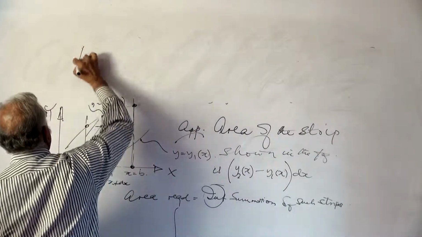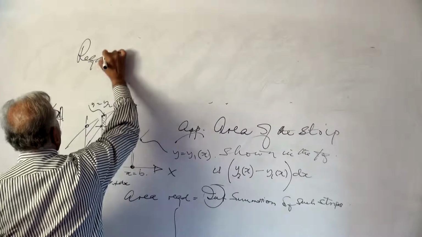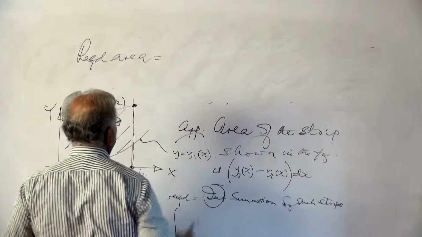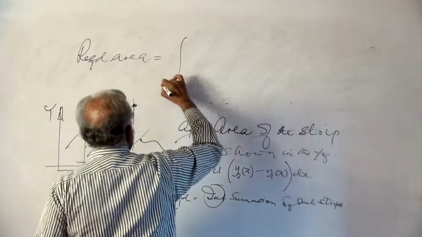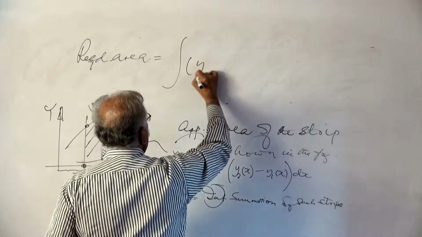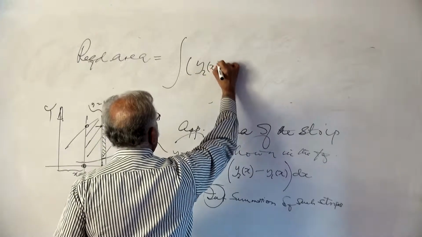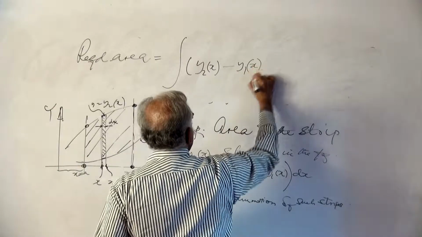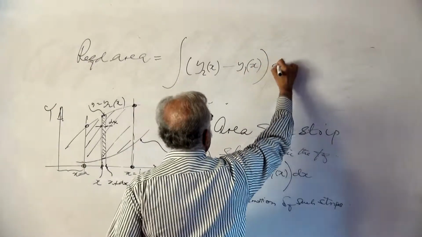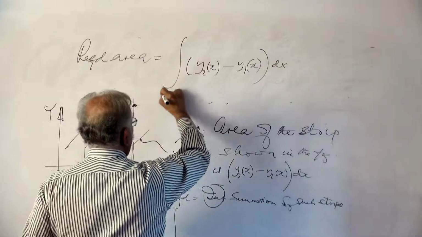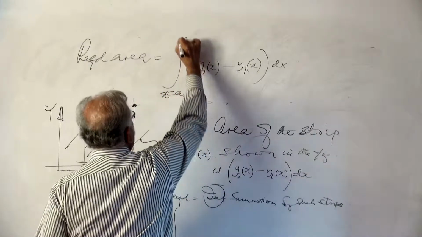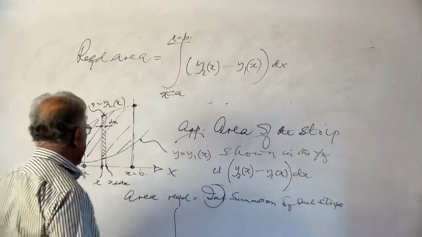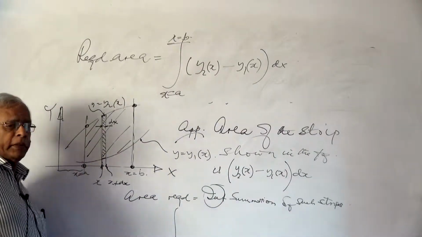saying that the required area is equal to the integral of y2(x) minus y1(x) dx, with x starting from a and x going all the way up to b, so that the entire area is covered.